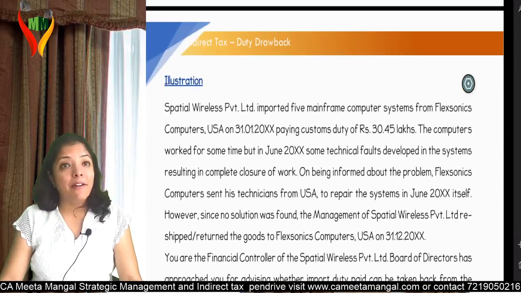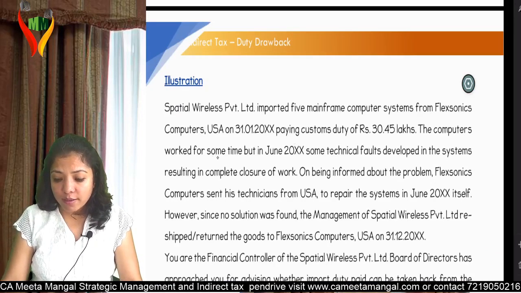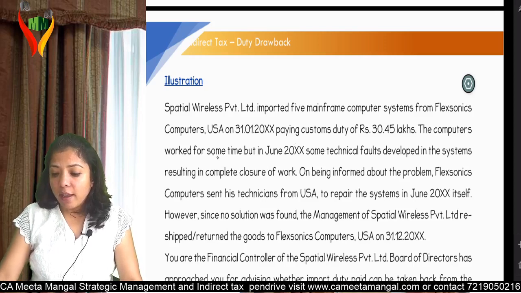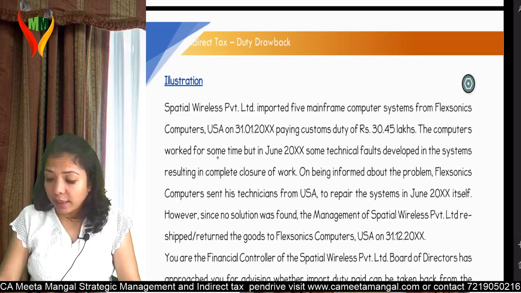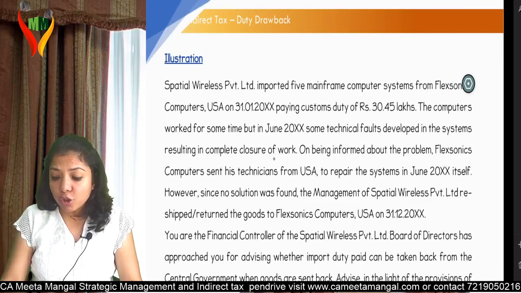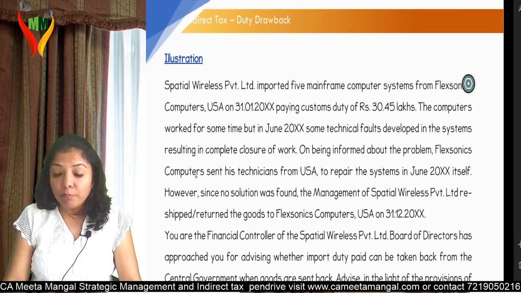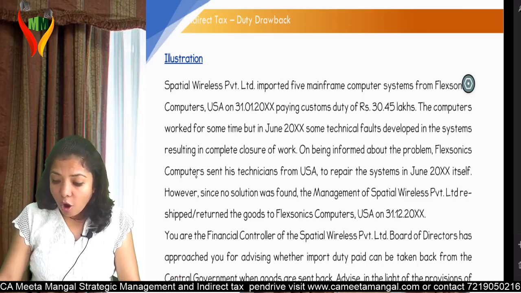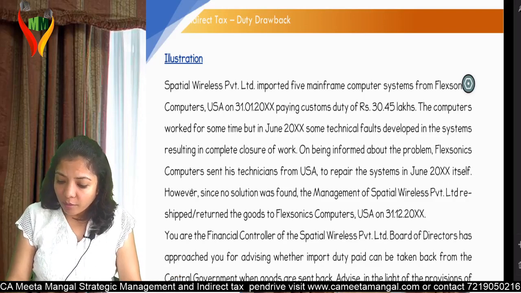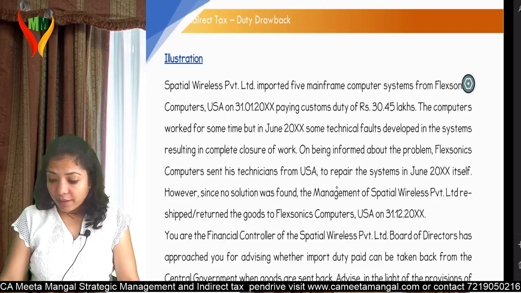Spatel Wireless Private Limited imported 5 mainframe computer systems from Flexisonics Computers USA on 30th January, paying custom duty of 30.45 lakhs. The computers worked for some time, but in June, some technical faults developed in the system, resulting in complete closure of the work. On being informed about the problem, Flexisonics Computer sent its technician from USA to repair the system in June itself.